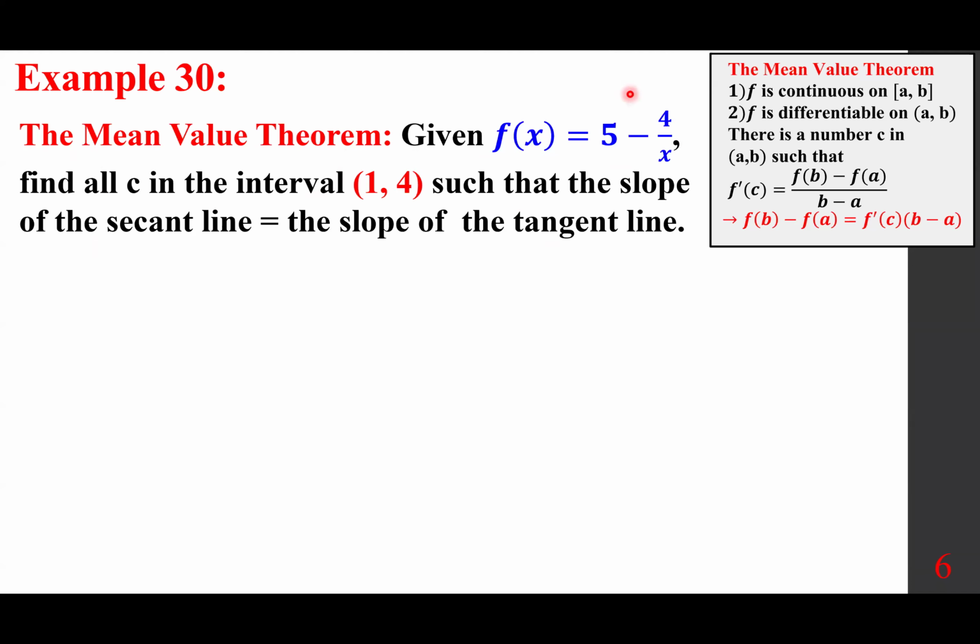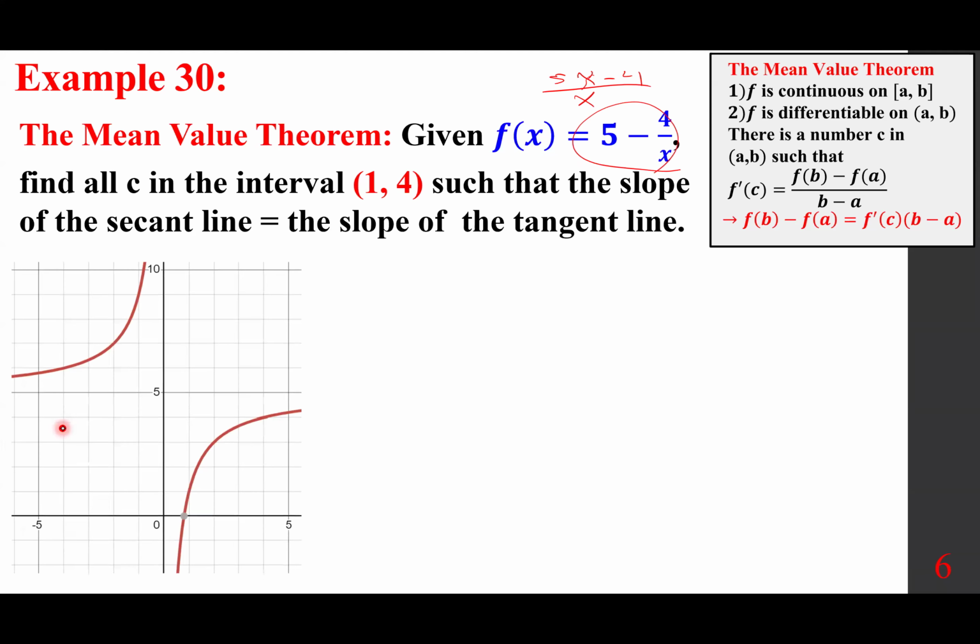Well, first and foremost, I hope you realize this is a rational function. Everybody can graph it nice and easy. You can write 5 minus 4 over x or 5x minus 4. If you were to combine them, not that you have to, this is the same as 5x minus 4 over x, just in case. So I'm assuming everybody can graph it. So you have the graph, 1 and 4.